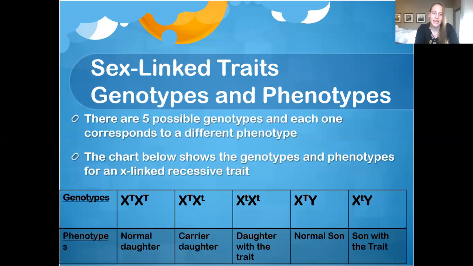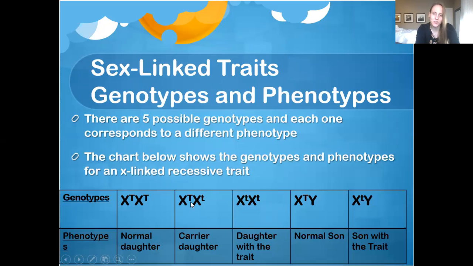Okay, so with sex-linked traits, there are 5 different genotypes, and each one has its own phenotype. So the chart below kind of summarizes this. So the first 3 genotypes are for females only because they are all XX.